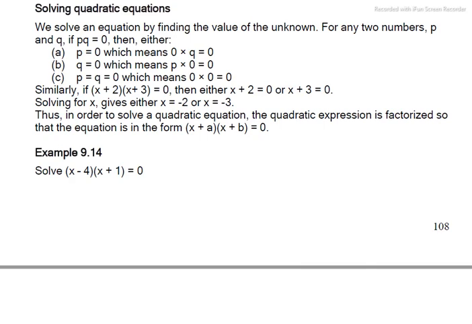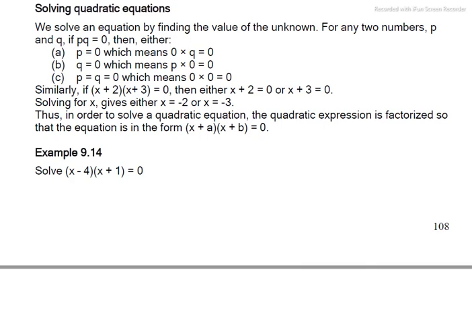For any two numbers, let's say p and q, if pq equals 0, then p equals 0, or q equals 0, since anything times 0 gives us 0. Similarly, if we have two brackets equaling 0, then it means that each bracket equals 0.